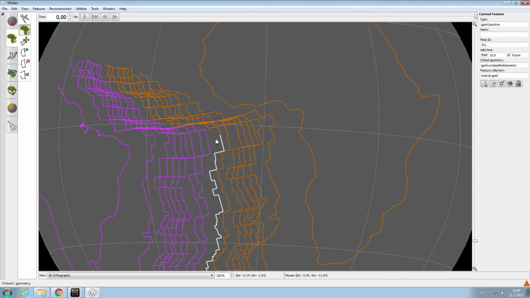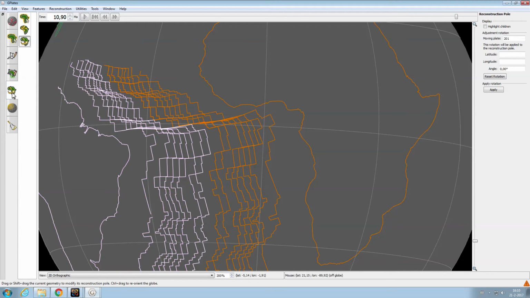So what we can do is select the South American one, go to 10.9 million years ago, this should be, and then I click on this icon, which is the dragging tool to make a reconstruction. And then you see that the entire South American plate is selected, because if you move one part of that plate, the rest of the plate moves with it, of course.